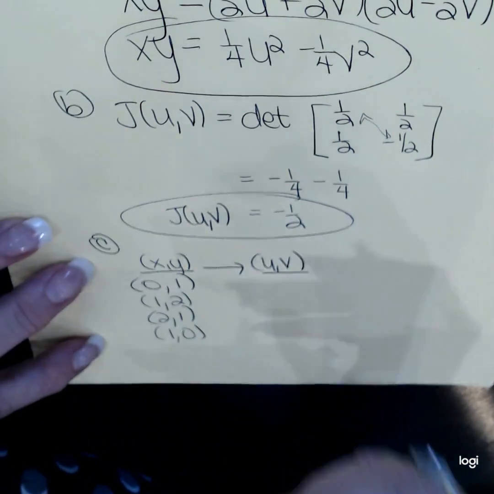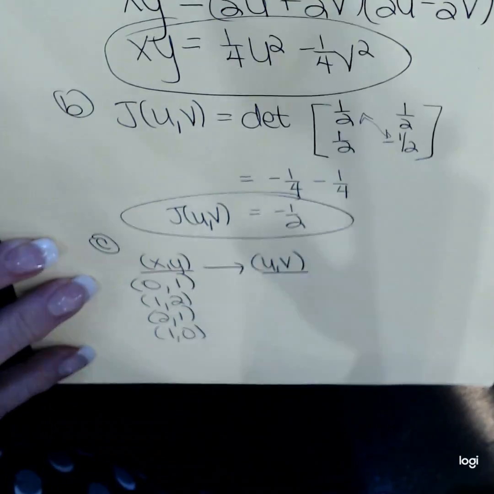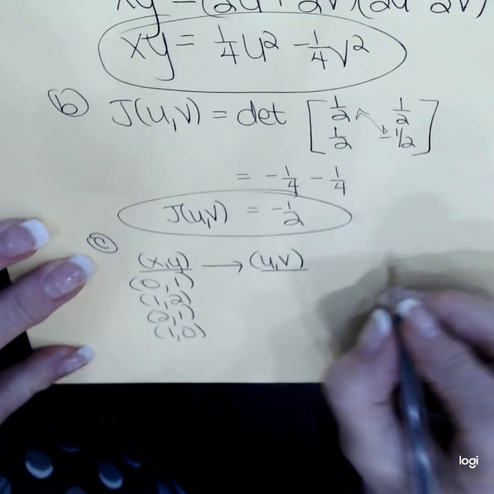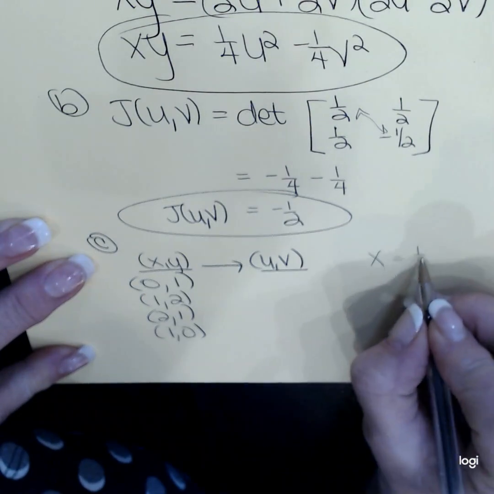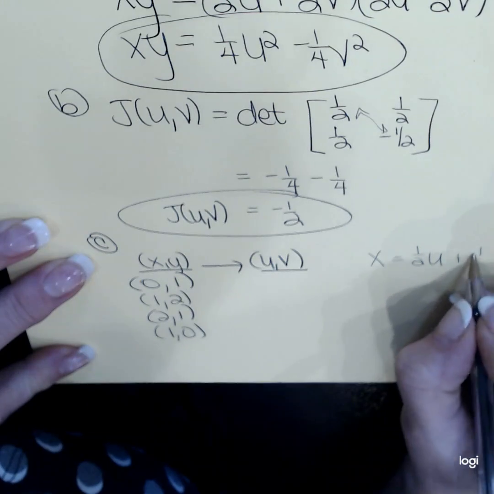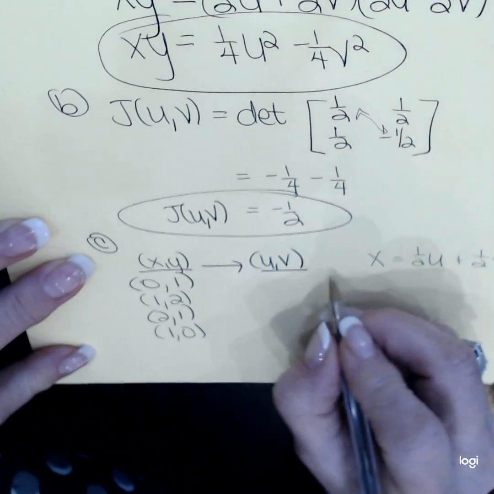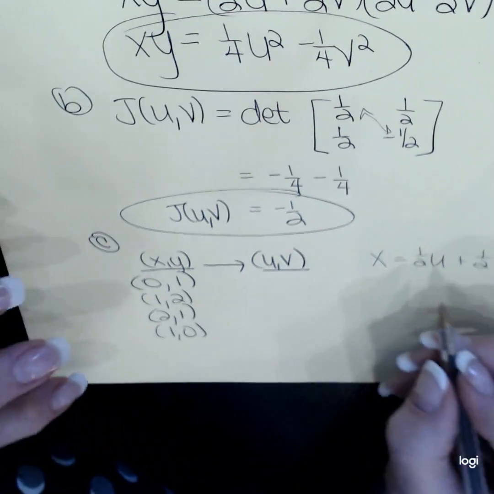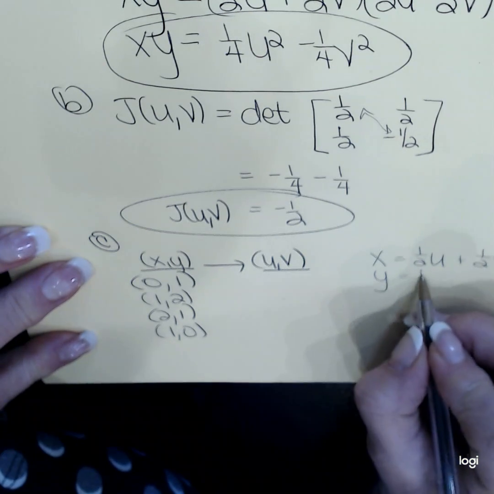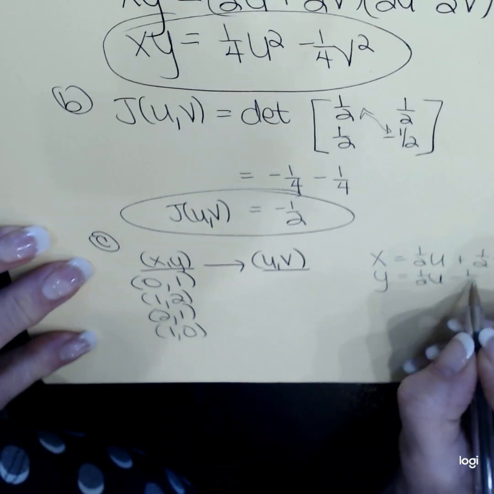In order to do this, instead of just an x equal equation and a y equal equation, I'm going to need a u equal and a v equal. And I believe I can find that from these.